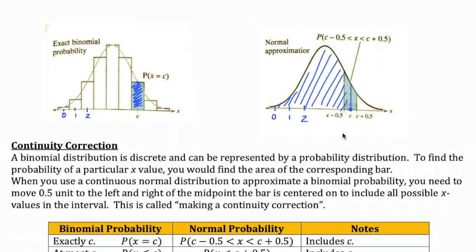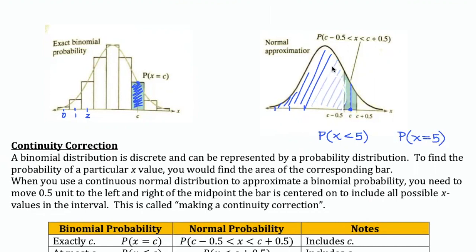Well, the trouble is I can talk about wanting to find the probability that x is less than 5, because I would start at the beginning and I would go up to 5, wherever that might be. If I want to talk about the probability that x equals 5, I'm no longer talking about a range of values.